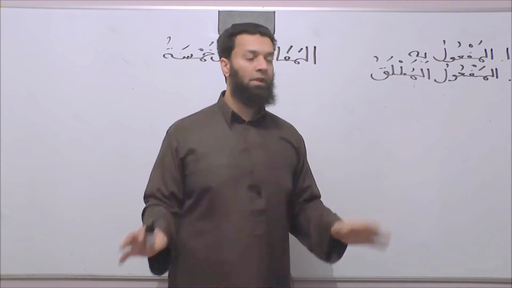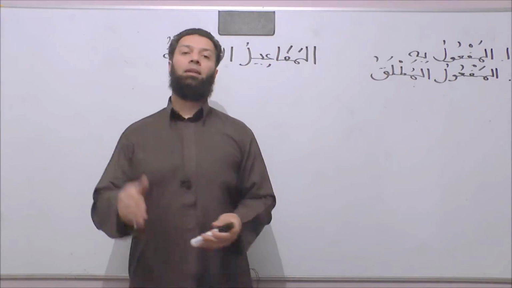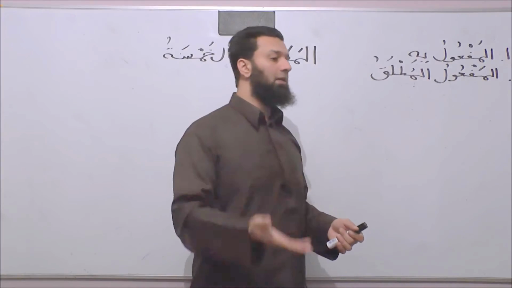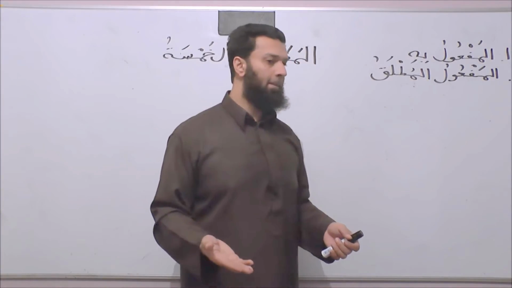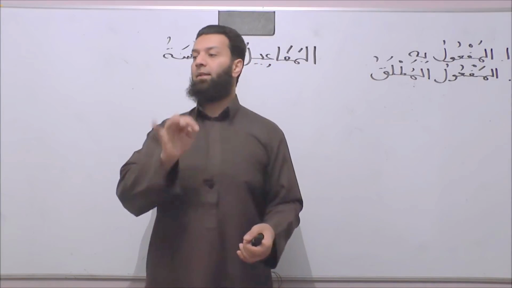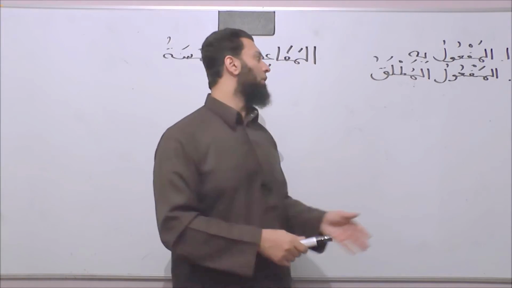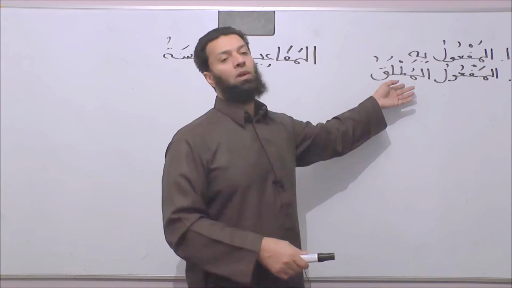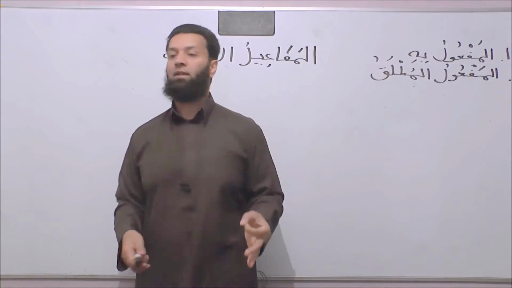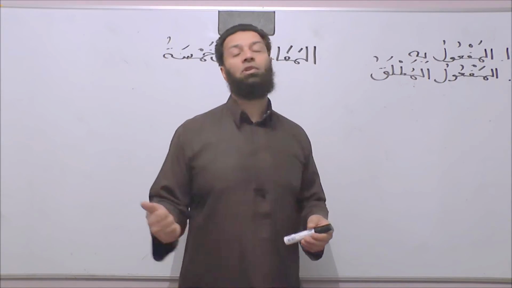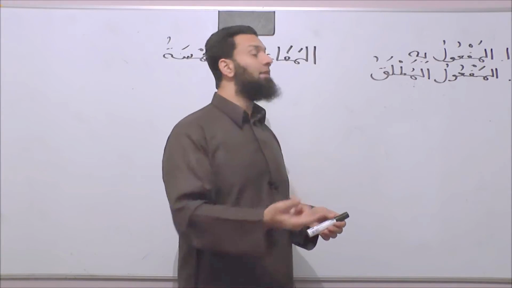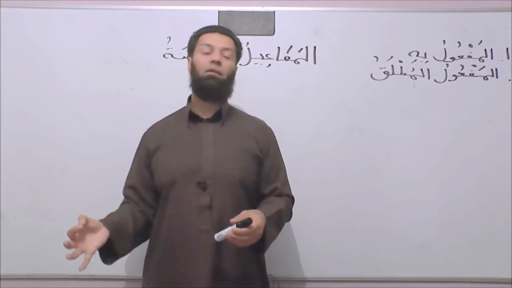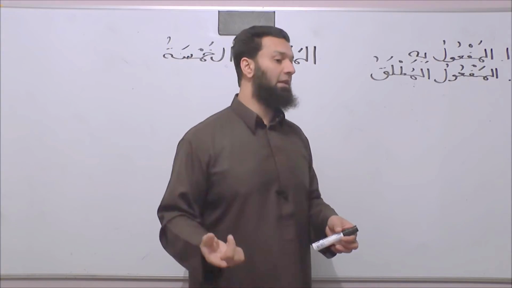For example, if we say daraba darban, he hit, hitting, that part darban is what we call al-maf'ulu al-mutlaq. Its purpose, or one of its functions rather, is that it emphasizes the meaning of al-fi'lu, the verb itself.